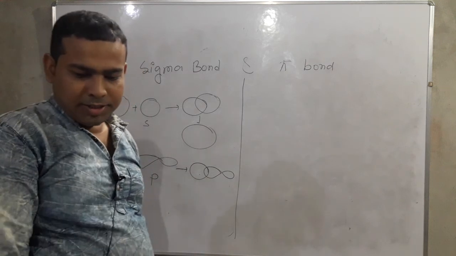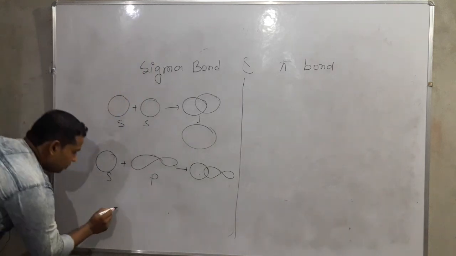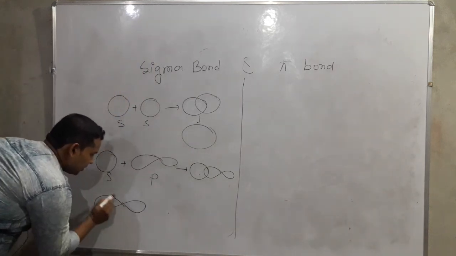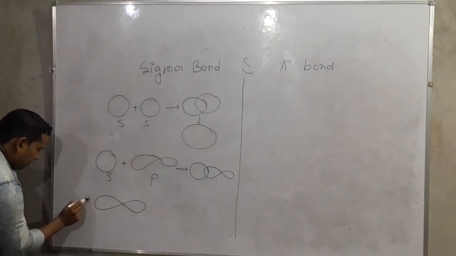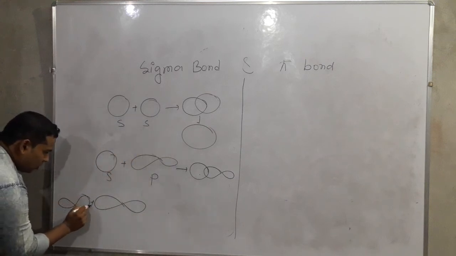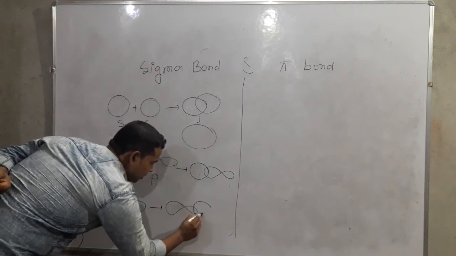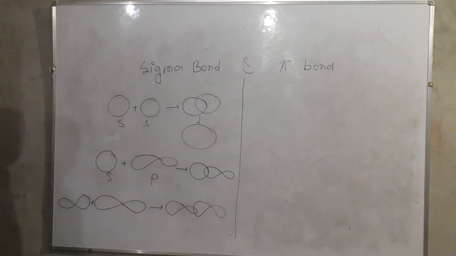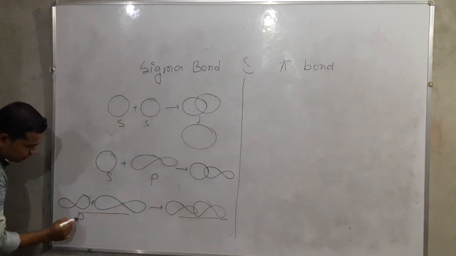Next, pp overlap, that is this one is a p orbital, this one also a p orbital. So both overlap each other and form, okay, this is the p overlap, that is linear overlap. Clear? This is p, this one is p.